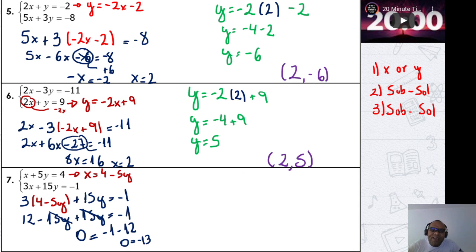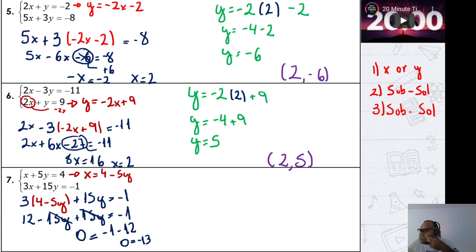What's going on here? Guys, do you remember parallel lines? On a graph, parallel lines. We have a parallel line situation and we have the other situation we called infinitely many solutions.